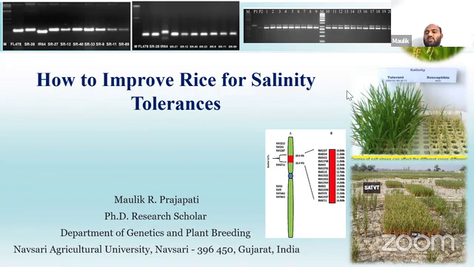So you see in this picture, these two varieties. This variety is tolerant to salt and this variety is susceptible to salt. You can clearly distinguish these two varieties. This variety is very susceptible at the initial stage, so it is not efficient to reach the reproductive level, and this variety is tolerant.